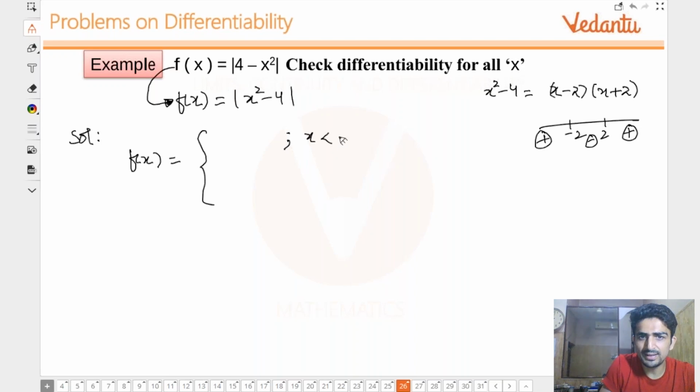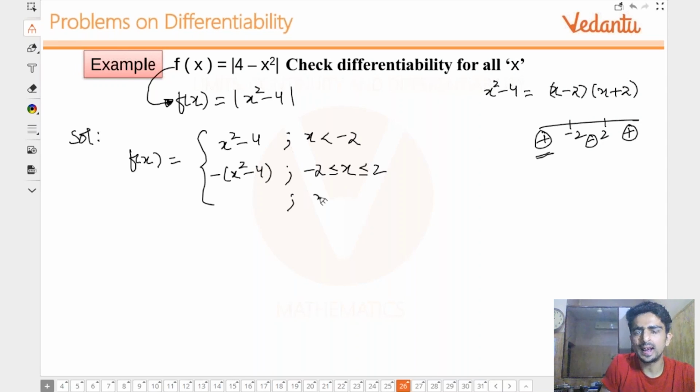When x is less than -2, the inside term is positive, so the mod opens up as such. When x is from -2 to 2, the inside term is negative, so the mod opens with a negative sign.